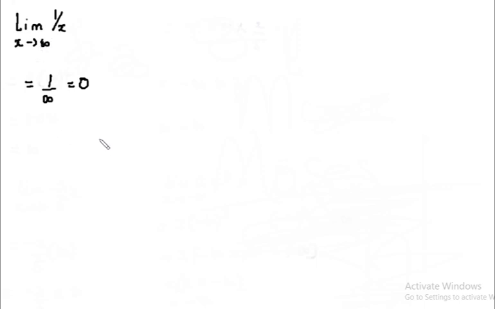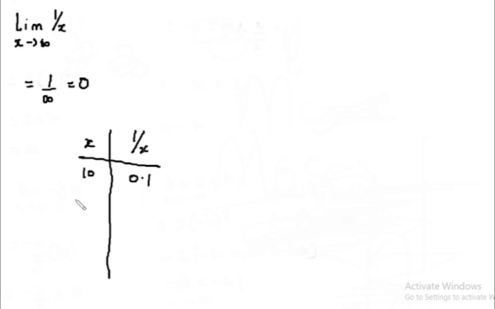This function is 1 over x. Let's try various values. Let's say we decide to plug in various values for x. What will be the resulting answer? Let's put in 10. If you put in 10, 1 over x becomes 0.1, so 1 over 10 is 0.1.